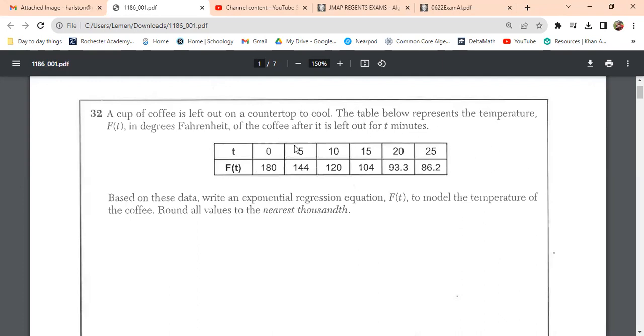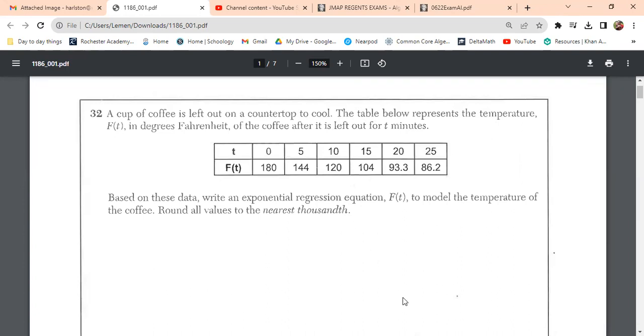They want us to use this table and write an exponential regression, and then round all of the digits to the nearest thousandths place. This is a pretty straightforward problem. If you know how to use a calculator, this is pretty simple. You just have to round it properly.